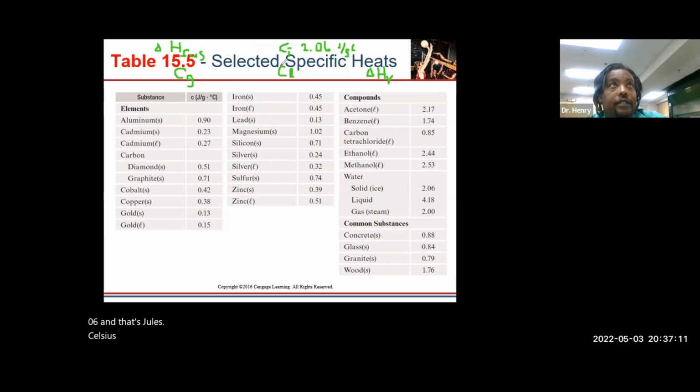Our C liquid is 4.18 joules per gram Celsius. And our C gas is 2.00 joules per gram Celsius.